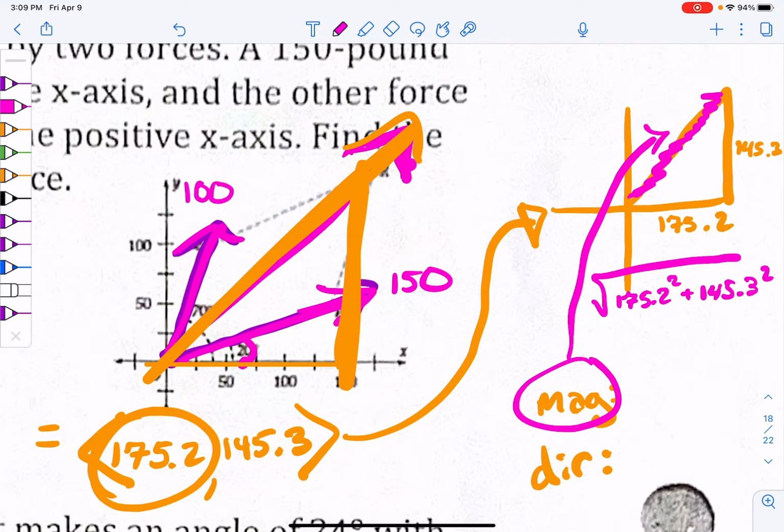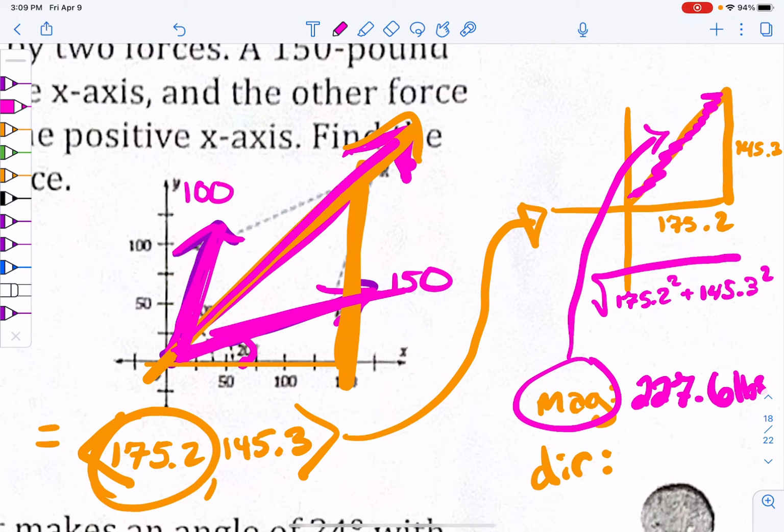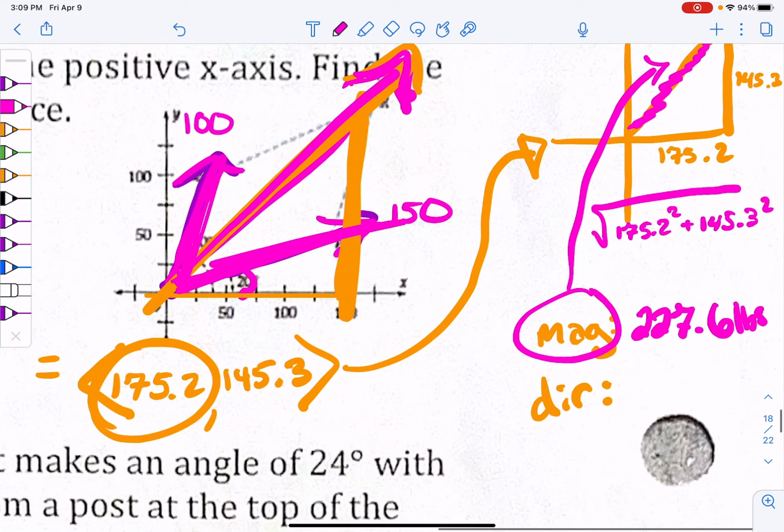And that is a magnitude of 227.6 pounds of force. So this one was pulling 150, this one was pulling 100, so it's going to pop out at 227.6 pounds of force.